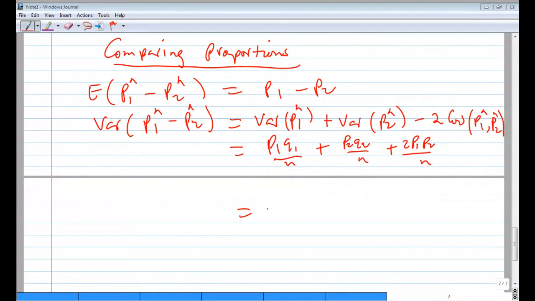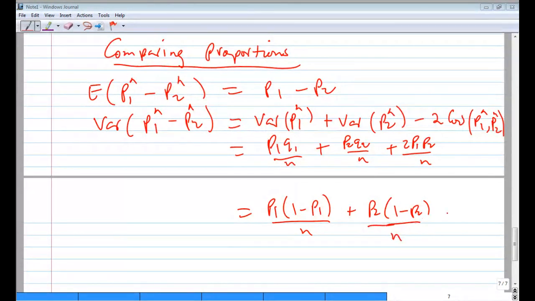So this can also be written as P1 (1 minus P1) divided by N, plus P2 (1 minus P2) divided by N, plus 2 P1 P2 over N. The same thing.